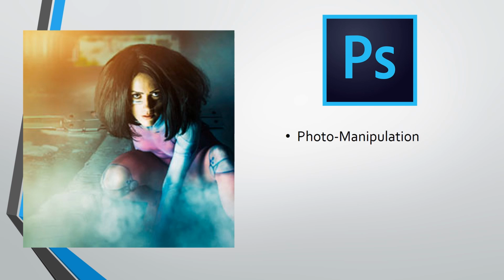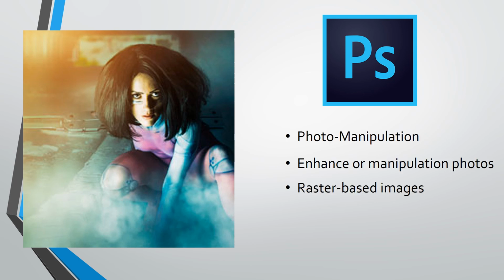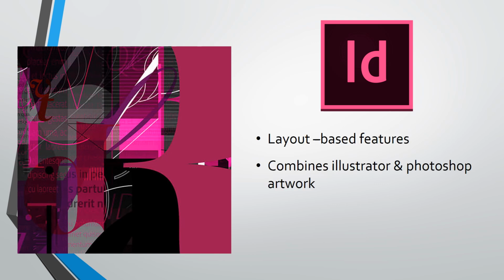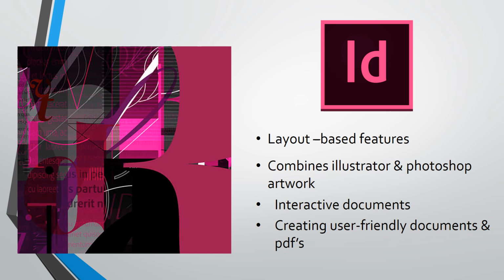Photoshop is photo manipulation, used to enhance or manipulate photos, and works with raster based images consisting of pixels. InDesign is layout based. It combines Illustrator and Photoshop artwork, and creates interactive, user friendly documents and PDFs.